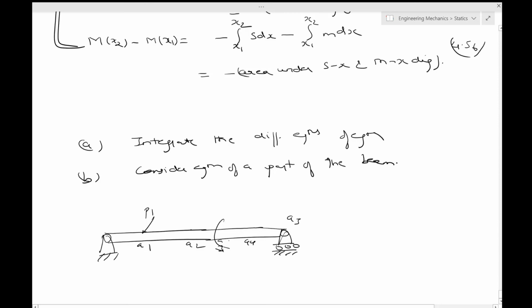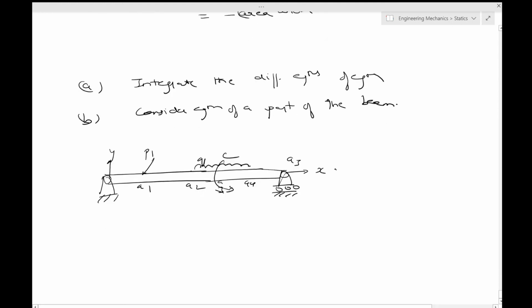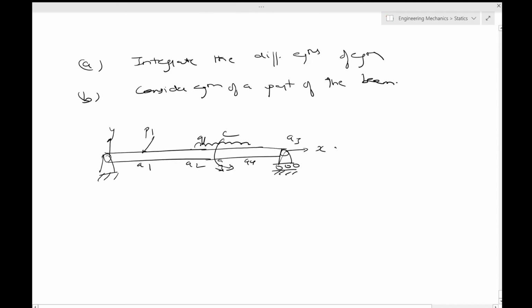At A3 you have C acting, and from A2 to A4 Q acts as a uniform loading. A5 is your roller joint. So this is your Y, this is your X. You can break them down into separate parts.